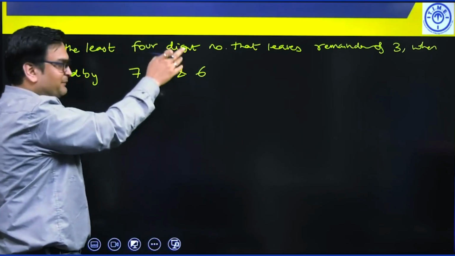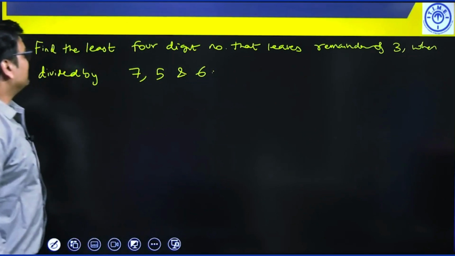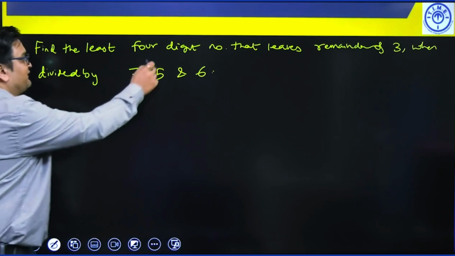In each case, it leaves a remainder of 3. So, to find the least 4-digit number which satisfies this condition.